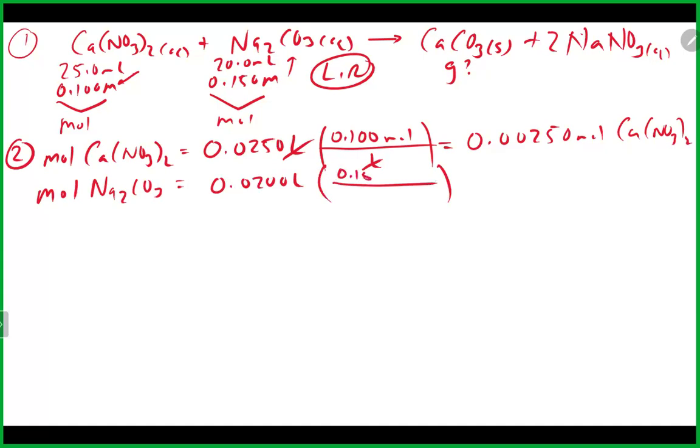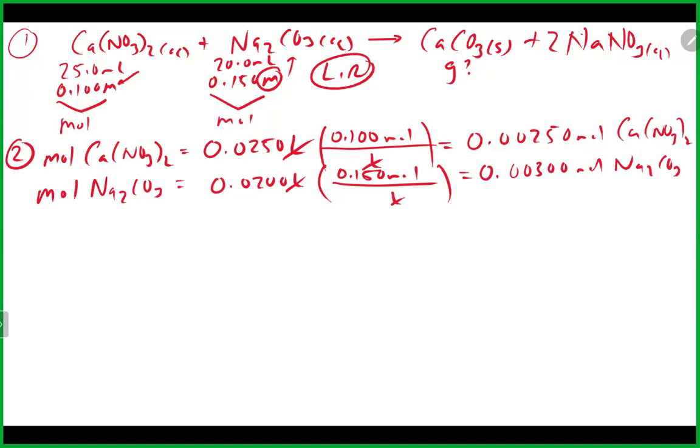So 0.150 moles per liter. Once again, that is what the big M stands for. And again, multiplying here, our liters will cancel, and we'll end up with 0.02 times 0.15, 0.003 moles of sodium carbonate.